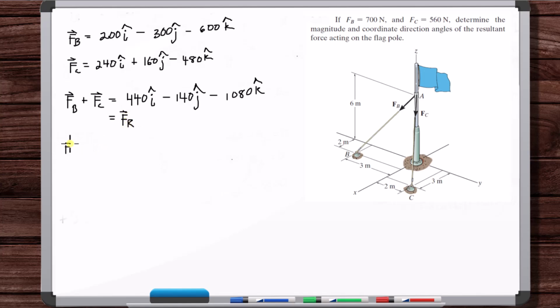So the magnitude of F resultant is what?